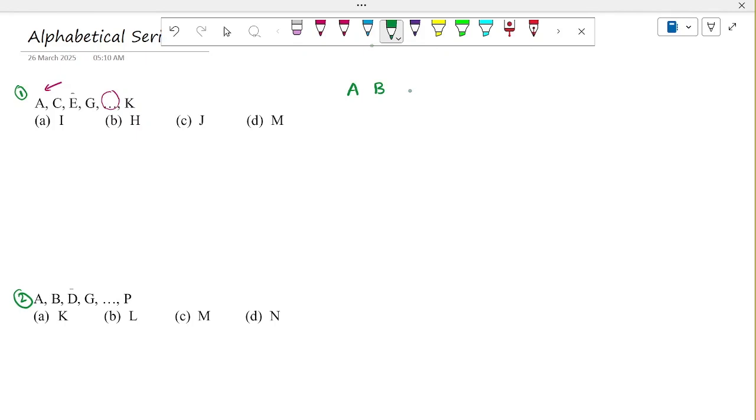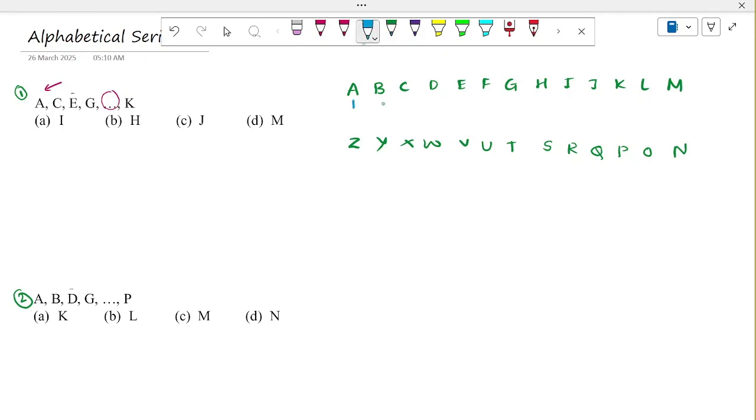You need to make a table of alphabets: A, B, C, D, E, F, G, H, I, J, K, L, M. Just below this, write N, O, P, Q, R, S, T, U, V, W, X, Y, Z. There is a reason behind why I am writing it like this.